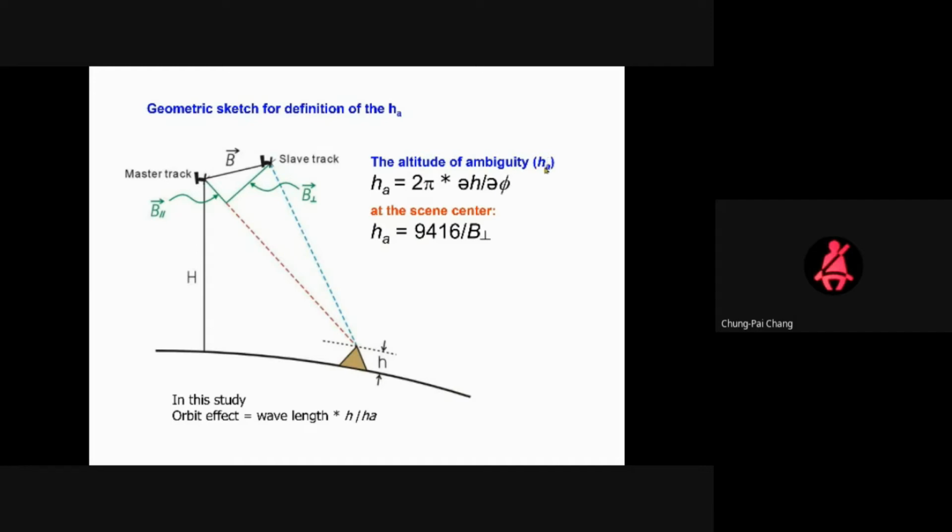Okay, HA. So what does the HA mean? It means the effect of the orbit. Okay. Let's check again. This is the only formula in my lecture today. Okay, so just be patient a little.